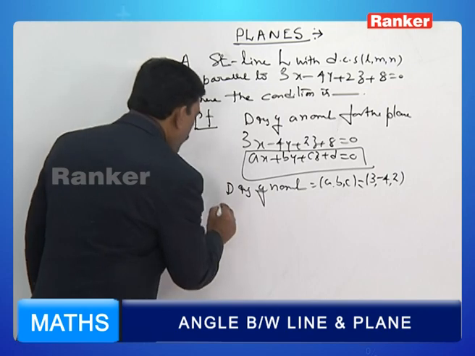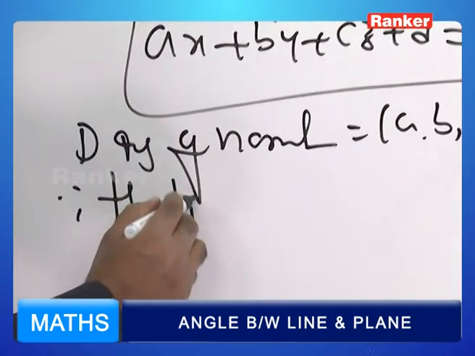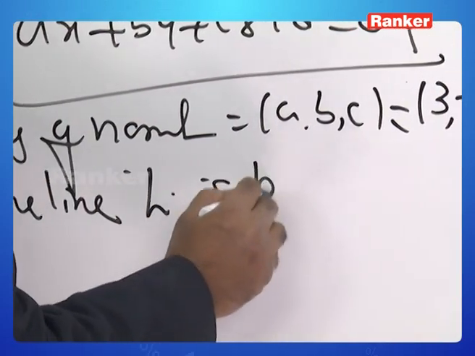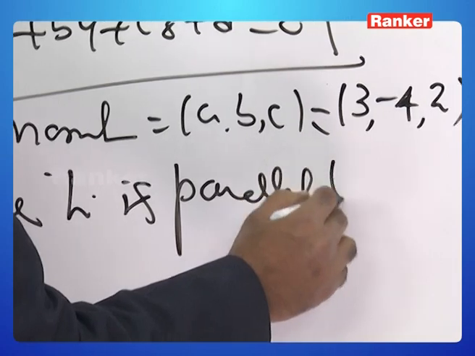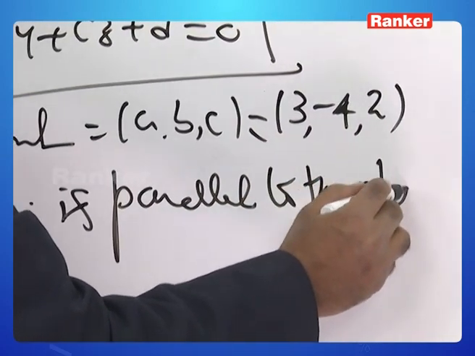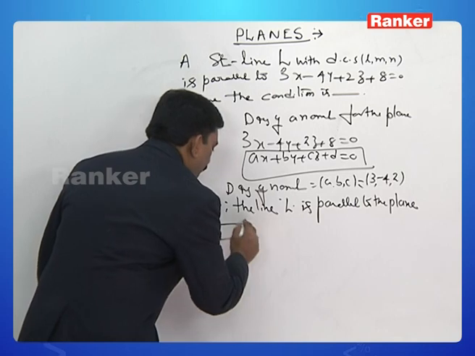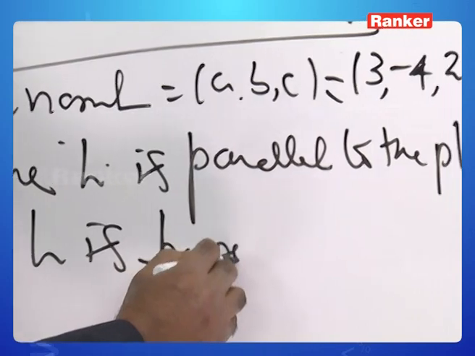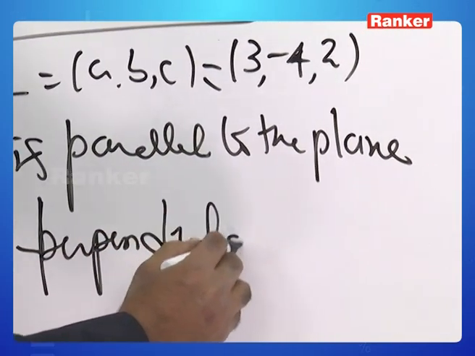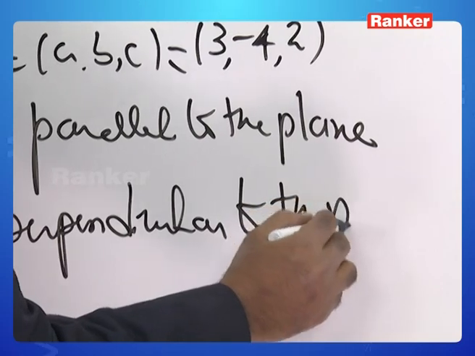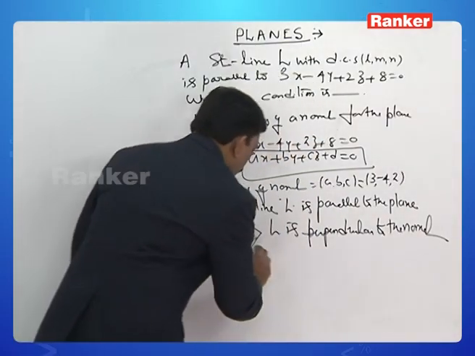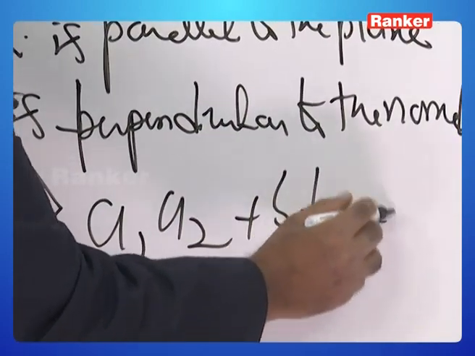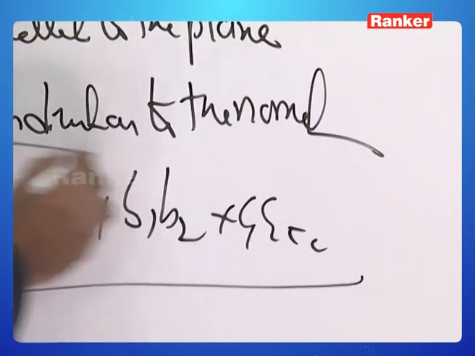So, since the line L is parallel to the plane, which implies L is perpendicular to the normal, which implies the condition a1a2 plus b1b2 plus c1c2 is equal to 0.